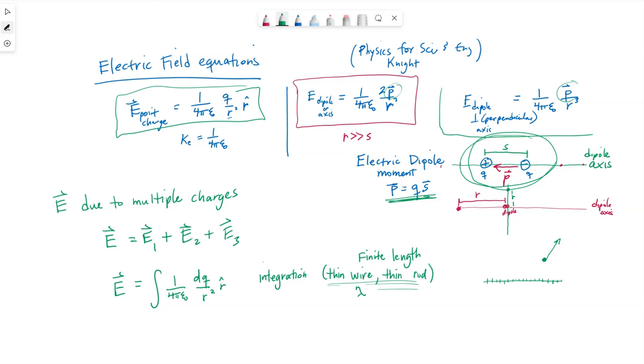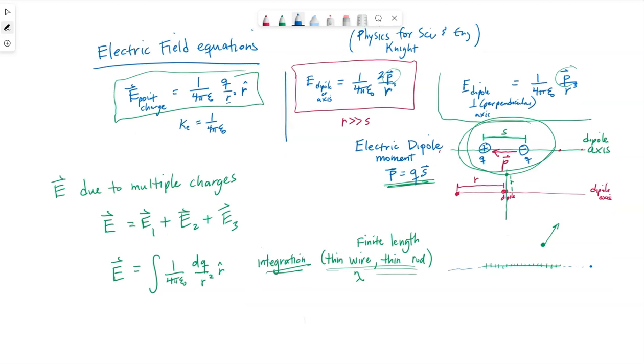This is a situation where we would need to set up the integral and solve for the x and y component if we wanted both. The other example was where we wanted to find the electric field on a line that's on the axis of that wire or rod. So those are 2 situations where you will need to integrate.